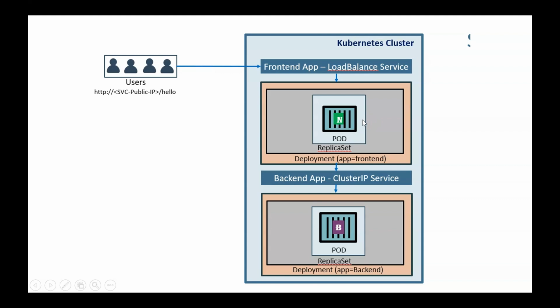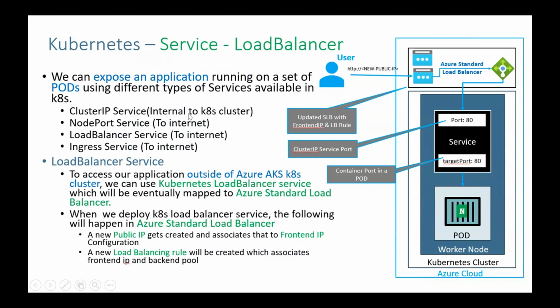If data is required, the front end pod will reach the backend pod with the help of the cluster IP service, and this way it will be able to communicate with the backend pod and send the data to the users. Okay, this is the example of load balancer service in Kubernetes.